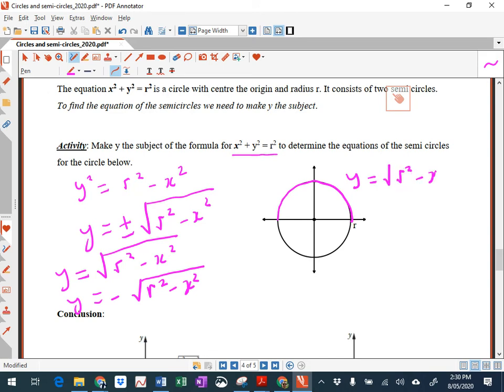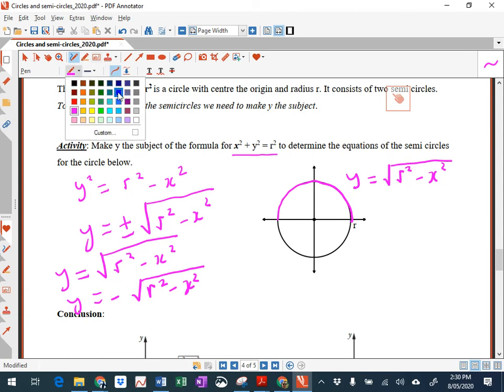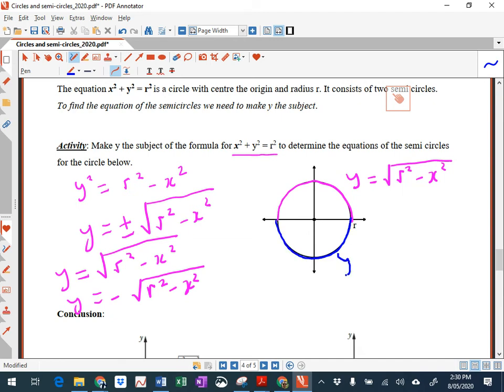Why is that? Because above the x-axis, the top half of the circle there is where the y values are 0 or positive. Now, the bottom half of the circle, let's have a look at that. The bottom half of the circle, so that is this part here, and that is the negative part of the circle. There we go. All right, done.